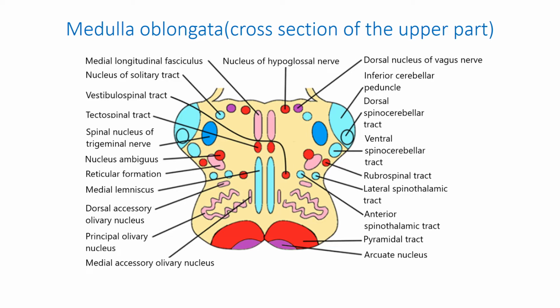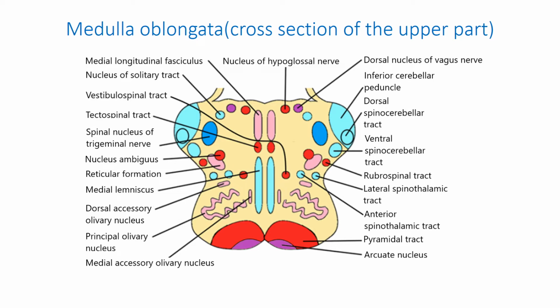The dorsal part of the medulla oblongata at this level forms the floor of the 4th ventricle. In relation to the latter, nucleus of the hypoglossal nerve, dorsal nucleus of vagus nerve, nuclei of vestibulocochlear nerve, nucleus ambiguus, nucleus of solitary tract are localized.